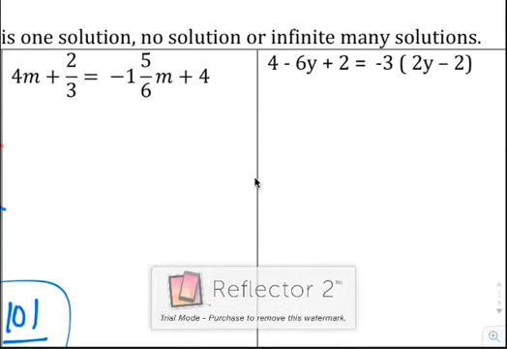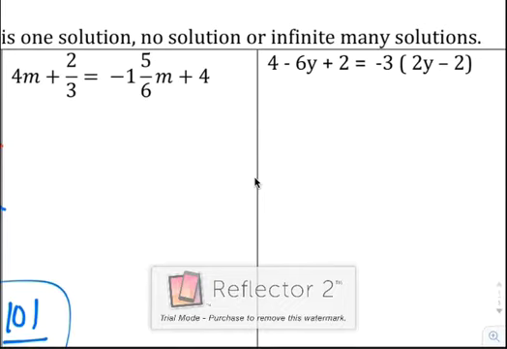This is one solution. And they ask you on the test if it's one solution, no solution. The first one is one solution. Took up too much room writing too big. Okay. Add 11m, add 11m. Got 35m plus 4.